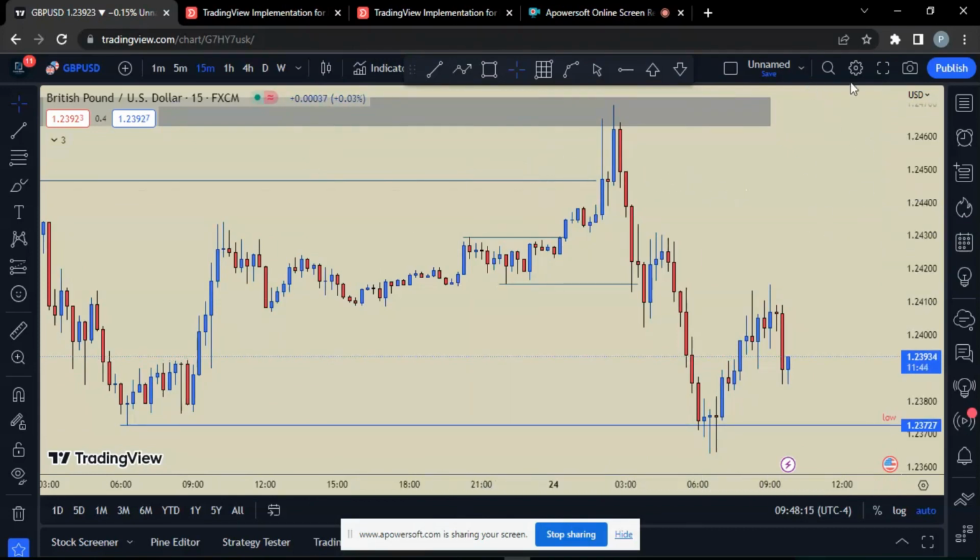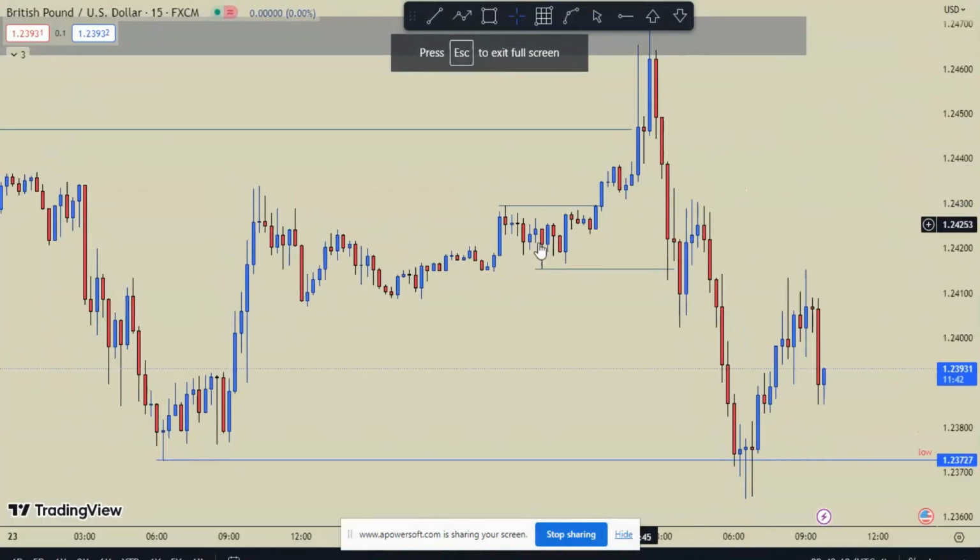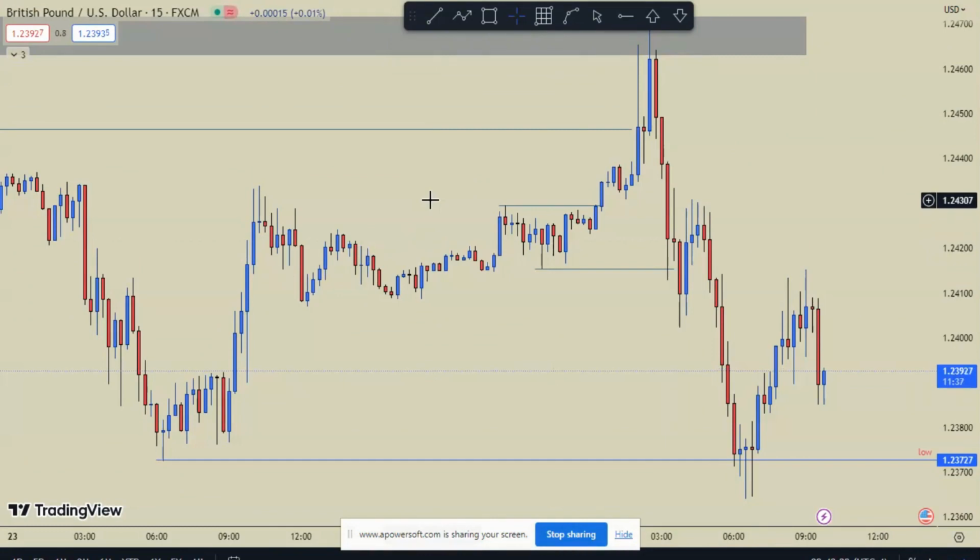But the main point I want to bring out to you is that this is a market. The main purpose we are interested in is to find areas of supply and areas of demand for us to be trading.